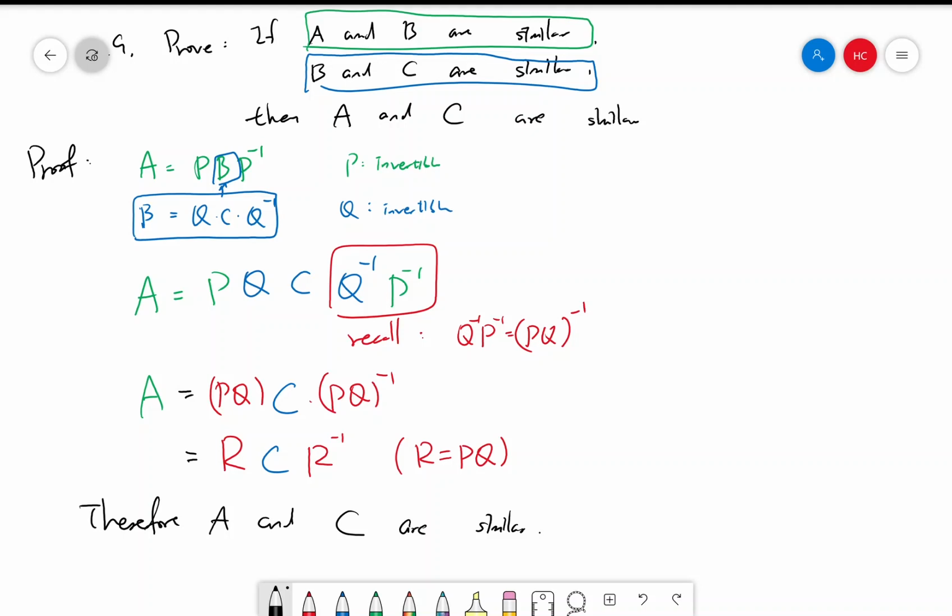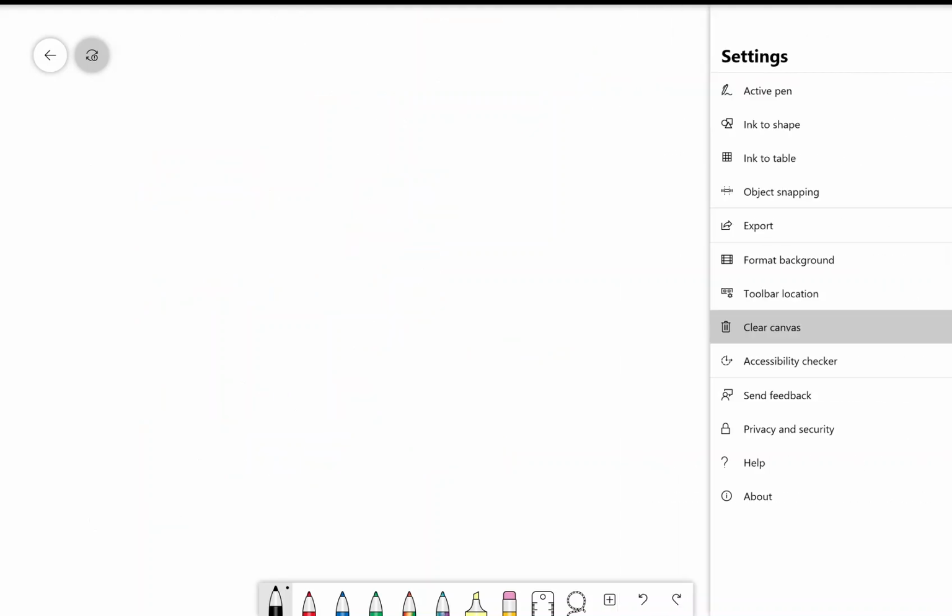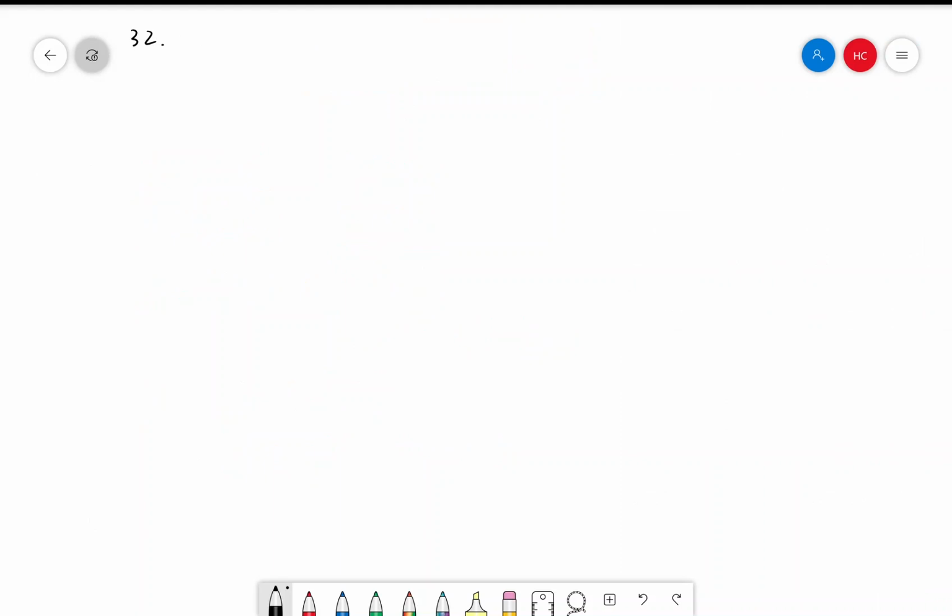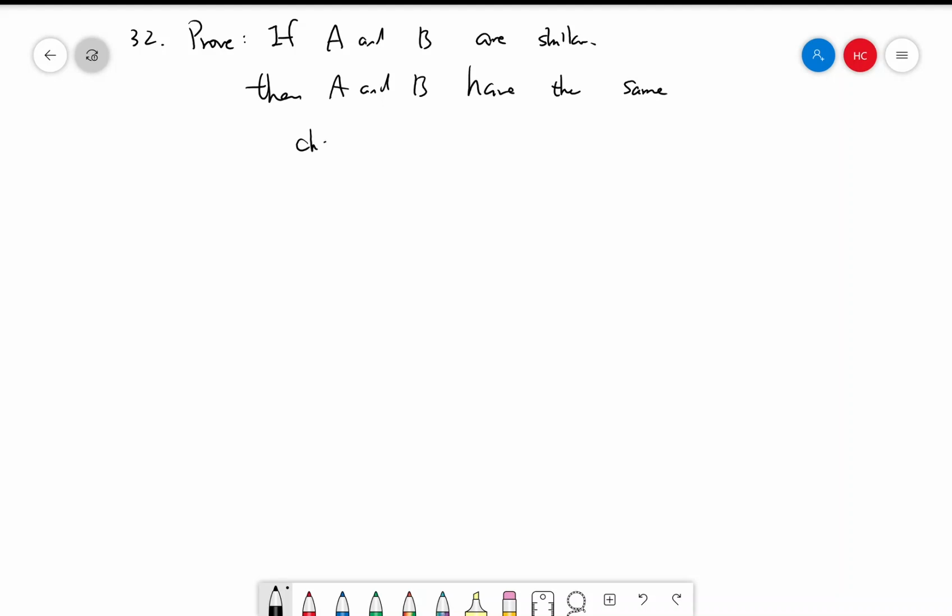Alright, so let's do another exercise. Let's do exercise 32, which asks you to prove if A and B are similar, then A and B have the same characteristic equation.